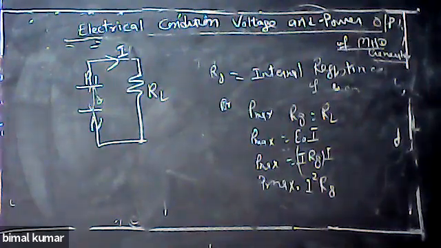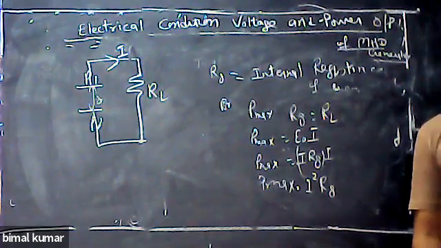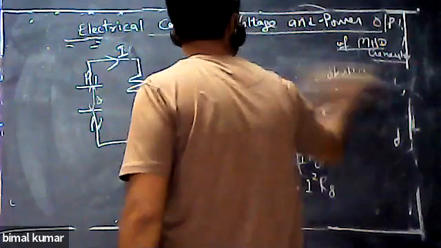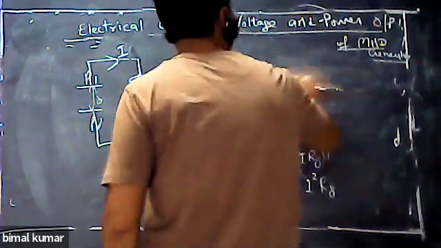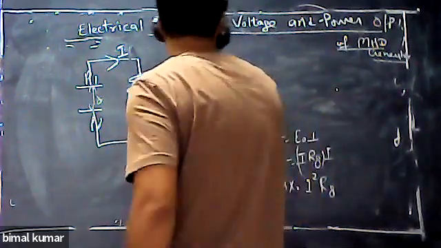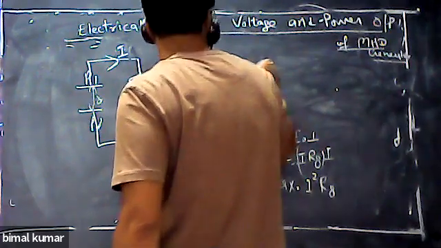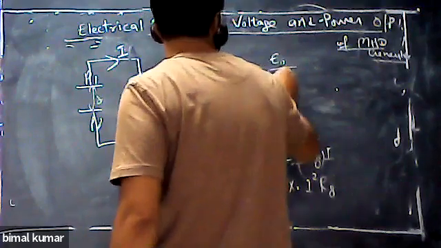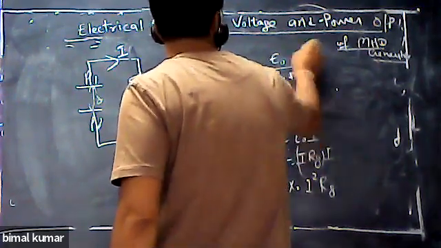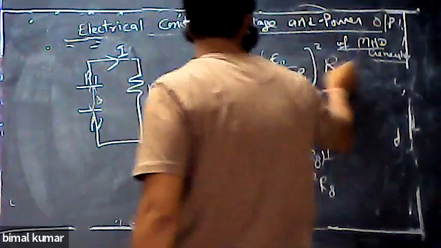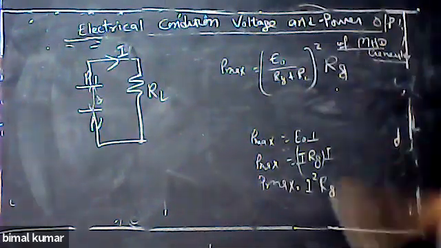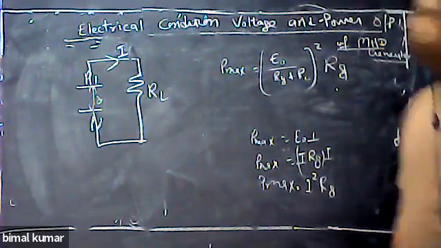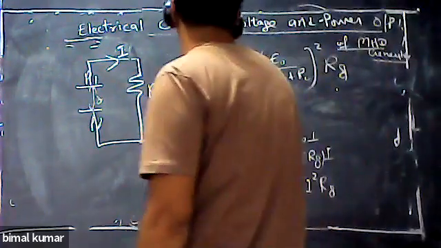Substituting the value of I, P maximum will be equal to E naught upon Rg plus RL, whole square, into Rg, again by the use of the maximum power transfer theorem.